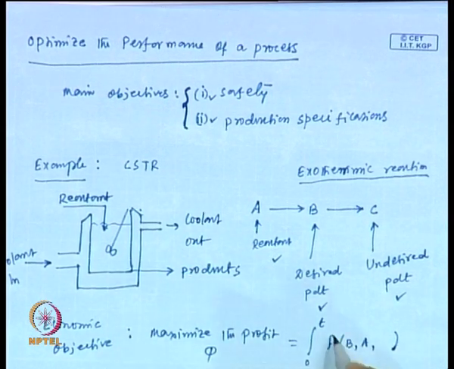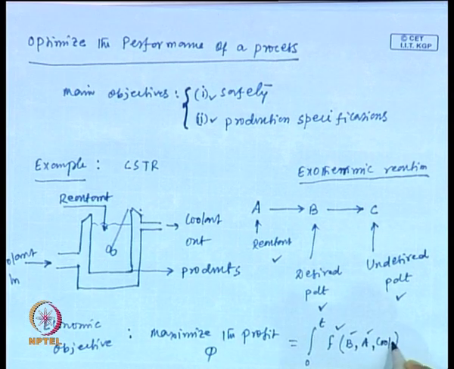So, the profit function includes the revenue from the sales of product B, cost of reactant A, and the cost of coolant. Then we need to maximize the profit, and then we can maximize the performance. So, these are all the three issues which can be dealt with by the control system.